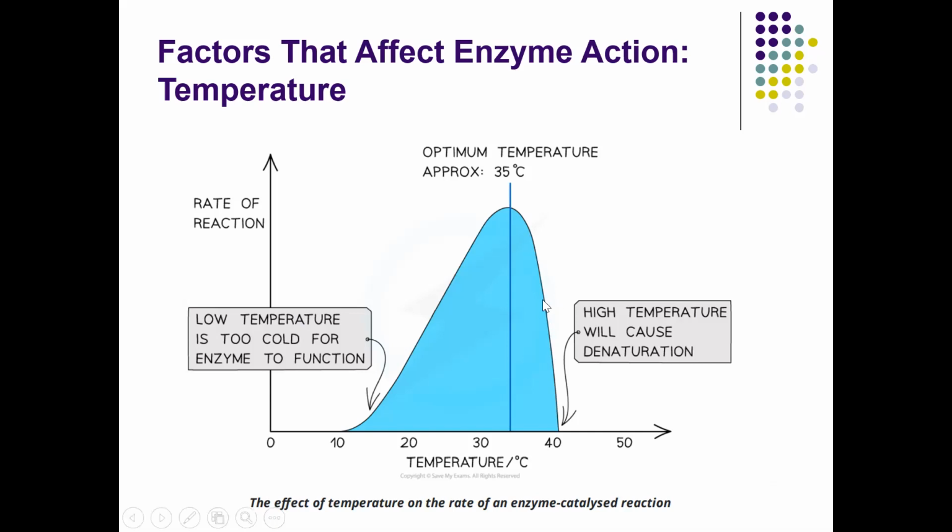Then you reach the point where all the active sites have changed shape, so they cannot bind with the substrate at all, and as a consequence the activity of the enzyme falls to zero, because no enzyme can bind to the substrate. It happens because of what we call the denaturation of the enzyme.